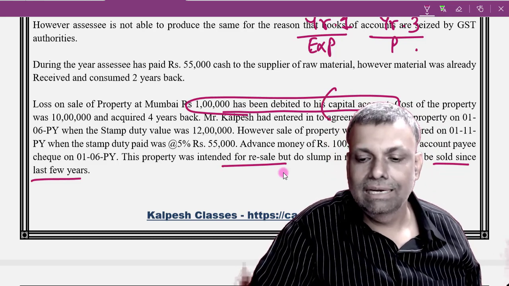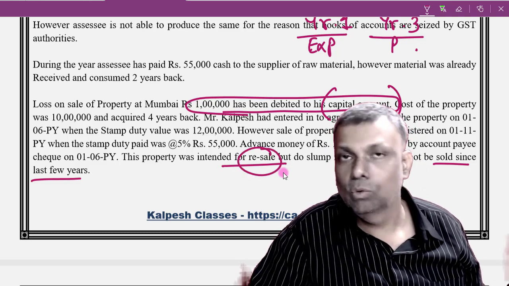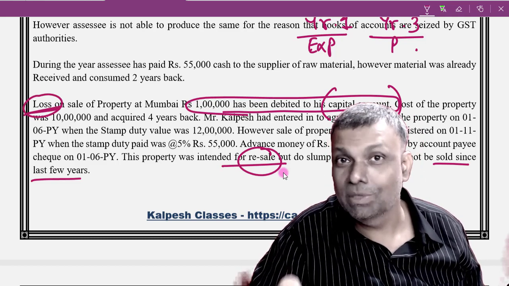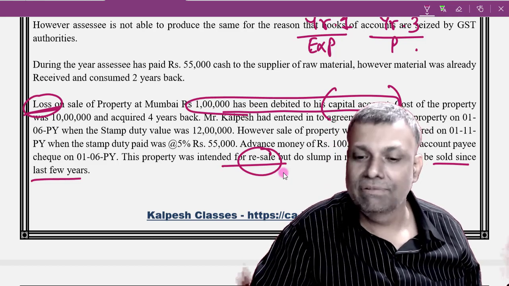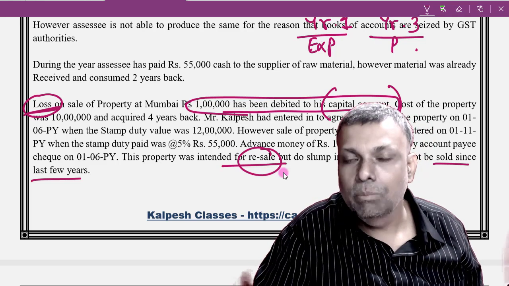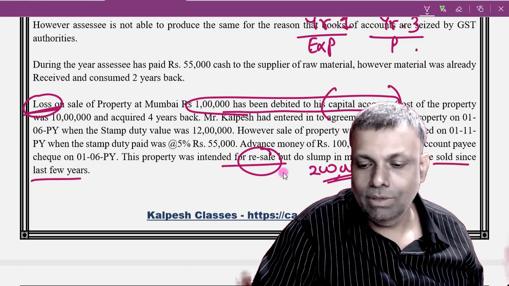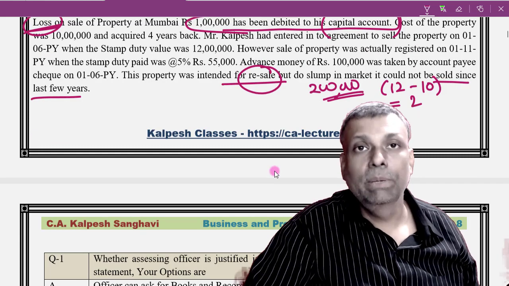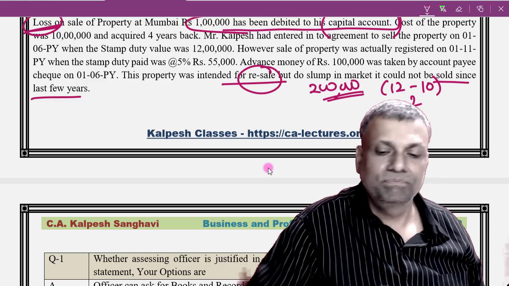I'll have to adjust it now, because this is intended to be resale. You have got a profit now, in fact it is not a loss. The loss was as per your records, but with the stamp duty value, it becomes a profit. So that profit I will have to take straight to the computation of total income, and the 2 lakh rupees, that is 12 minus 10, will be my business income, included for the purpose of computation.